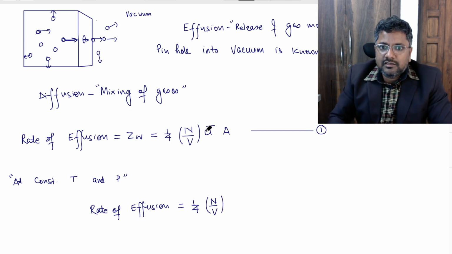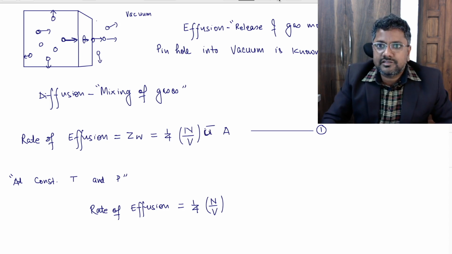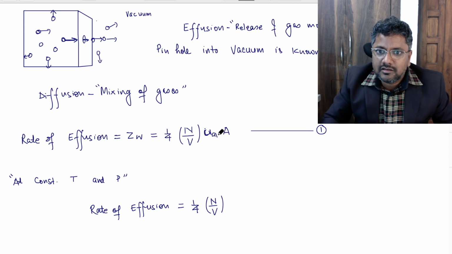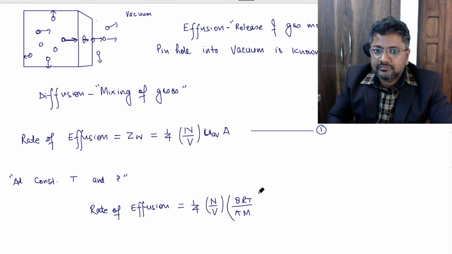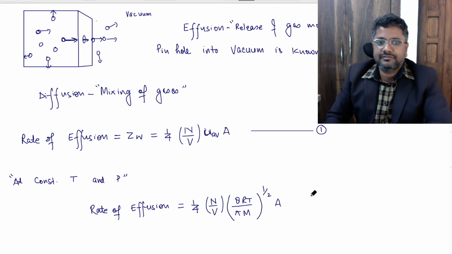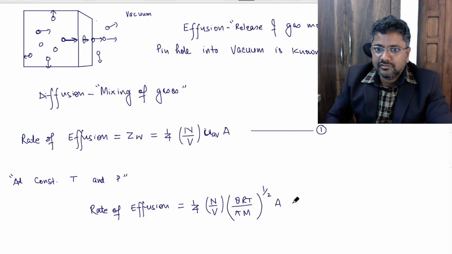So u average, we can write here as root of 8RT by pi m, or 1/2 into A, right? So this is equation 2.